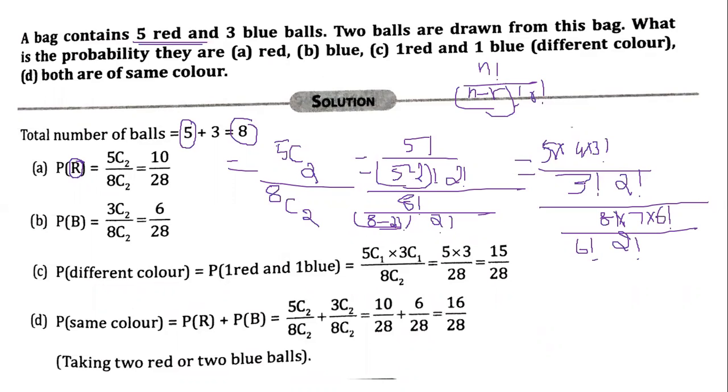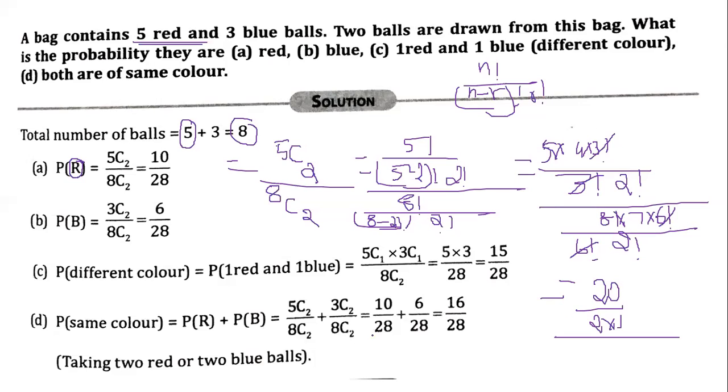So here you can cancel 3 and 3 factorial. Here you can cancel 6 and 6 factorial. So 5 fours are 20 divided by 2 factorial, which is 2 into 1, divided by 7 eights are 56.